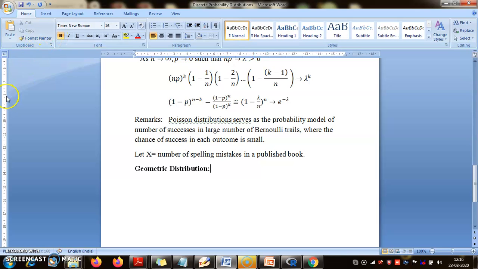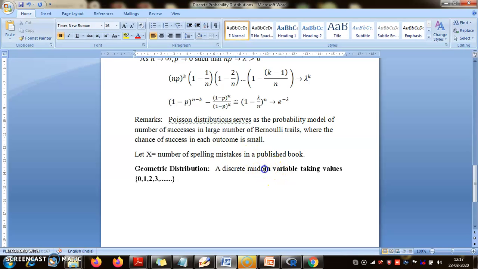This is also an example of a discrete random variable, a discrete random variable with infinitely many values, taking values 0, 1, 2, same as the Poisson. The values are the same, the probabilities are different.